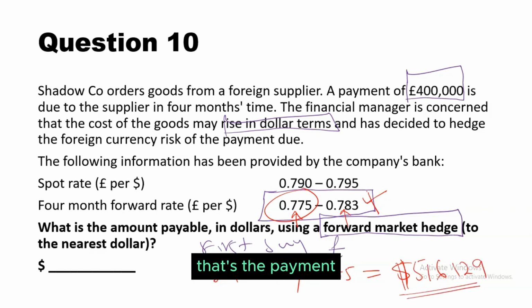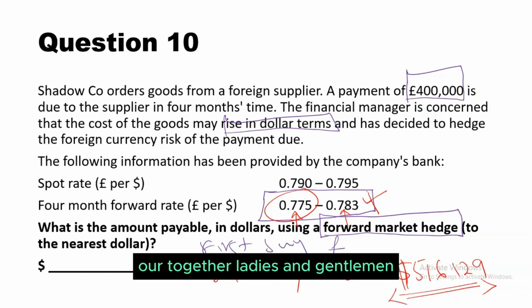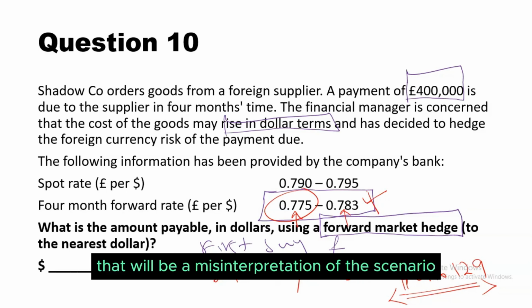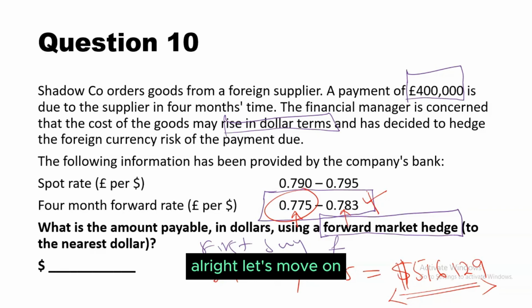That's the payment. Are we together, ladies and gentlemen? Don't make the mistake of multiplying that 0.775 with the 400,000. That will be a misinterpretation of the scenario. All right. Let's move on.